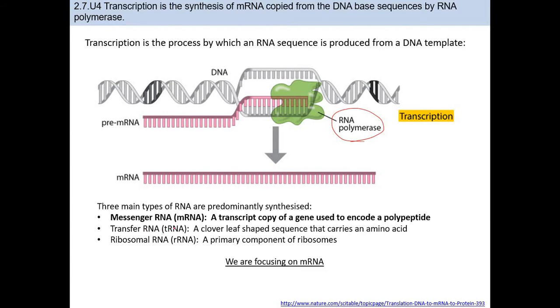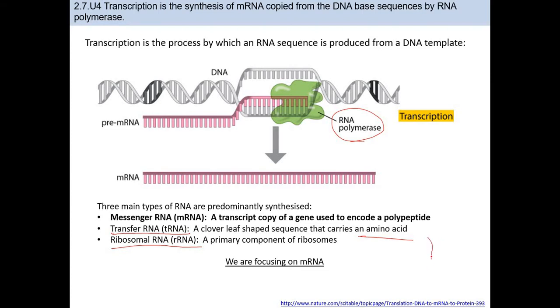One thing that you should know here is that it's not only the mRNA which will be synthesized from the DNA, but also another two types of RNA which are really important in the translation process. They are also synthesized from the DNA: transfer RNA, or tRNA, which is a clover leaf shaped sequence that carries the amino acids.